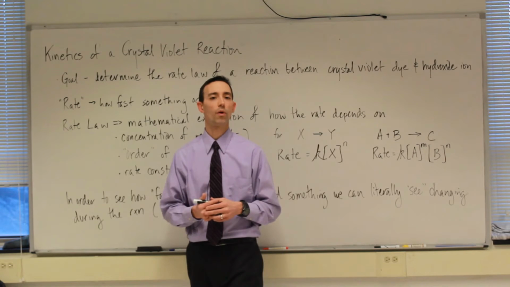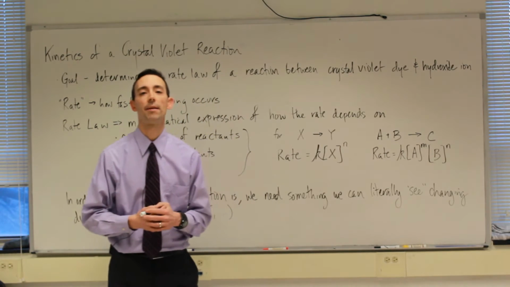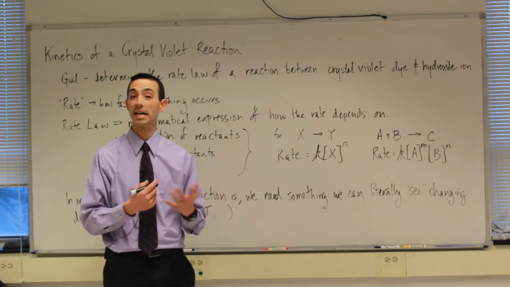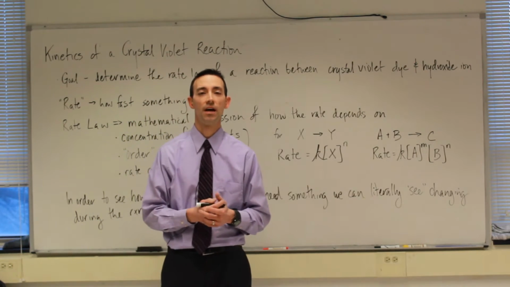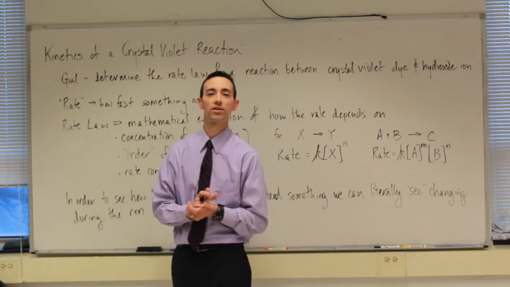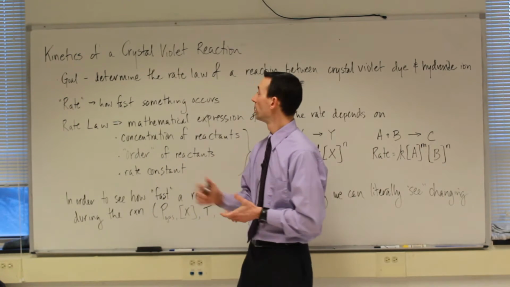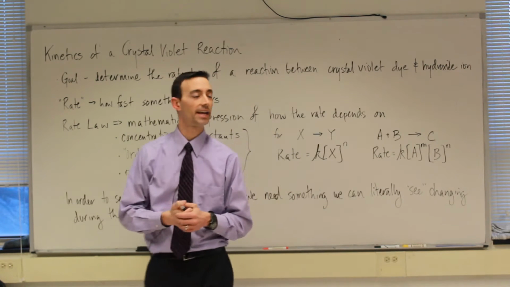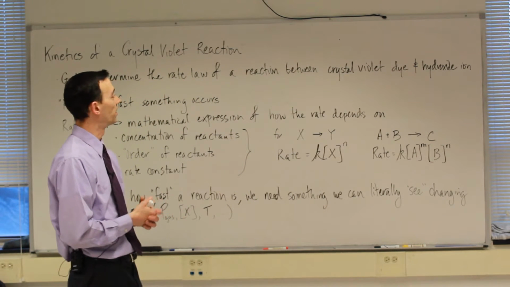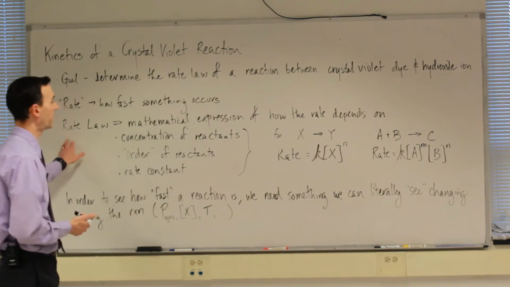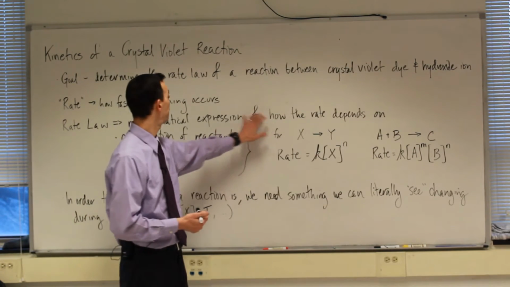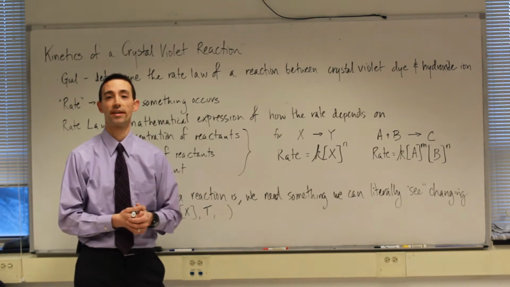So not only will I walk you through what you're going to do in lab, but I'll provide a little bit of information to help guide you on the analysis of the data that you collect, so that you are ready to successfully determine the rate law of a reaction. And that's what we're after this week: a mathematical expression that tells us how fast a reaction is occurring.